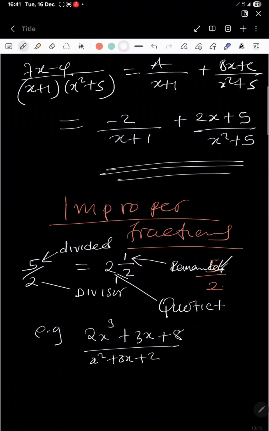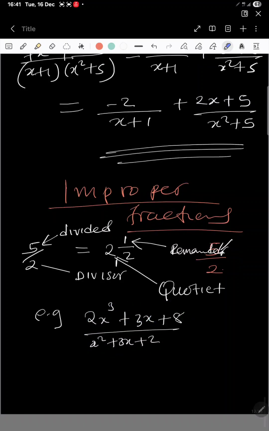You see the highest power of the numerator is 3 and the denominator is 2. That means that this is improper, because the highest power there is 3, here the highest power is 2. So this type of fraction is called an improper fraction, and we now need to see how to decompose these into partial fractions.